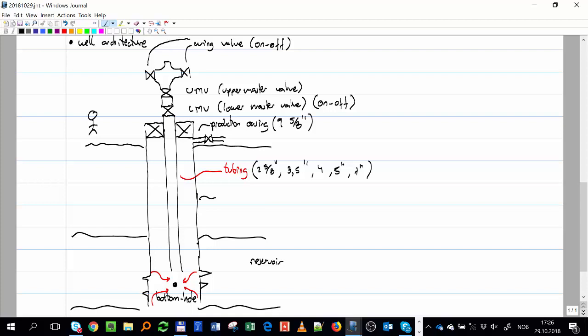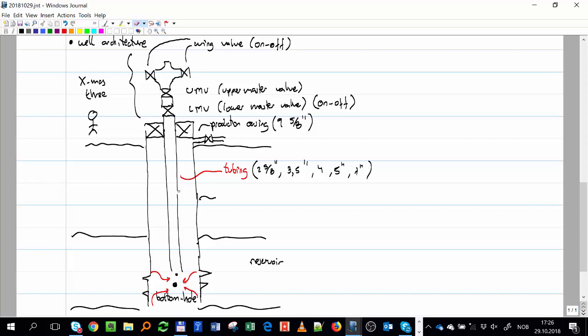And to access the well, what do I have typically? That structure is what we call the Christmas tree. If I have to make a small operation, for example, if I want to measure the well, or I want to see if there is a leakage, if there is a hole in the tubing, I don't want to have to bring a rig.